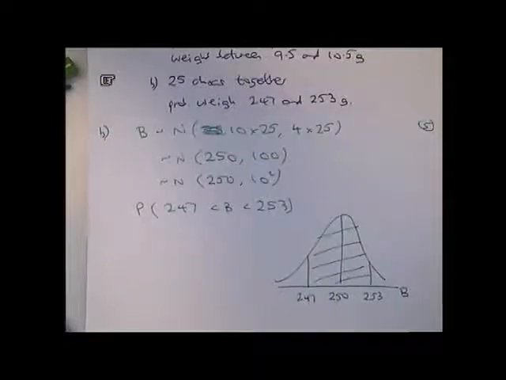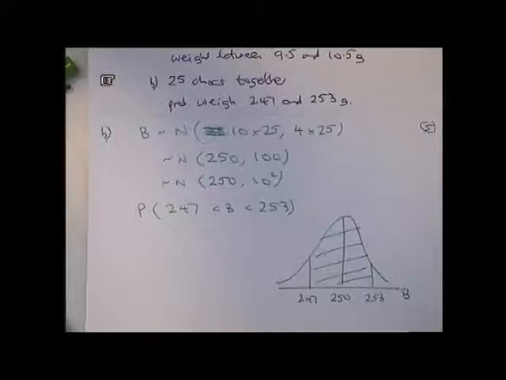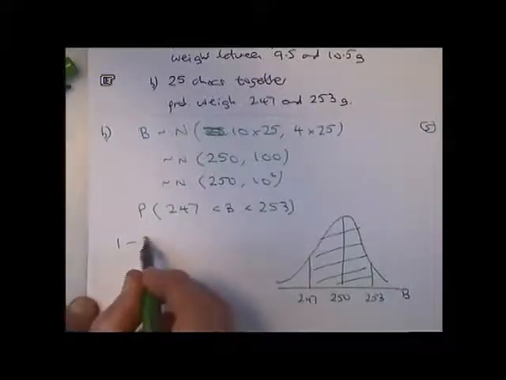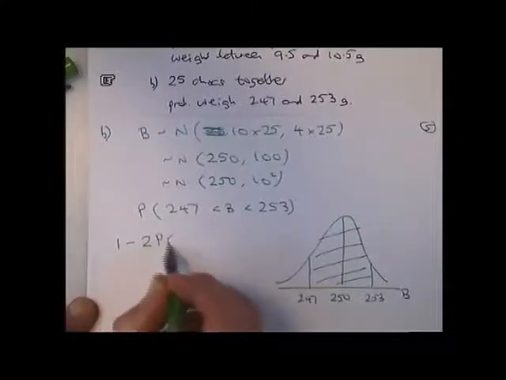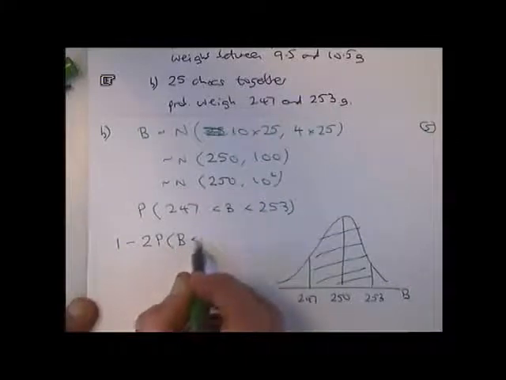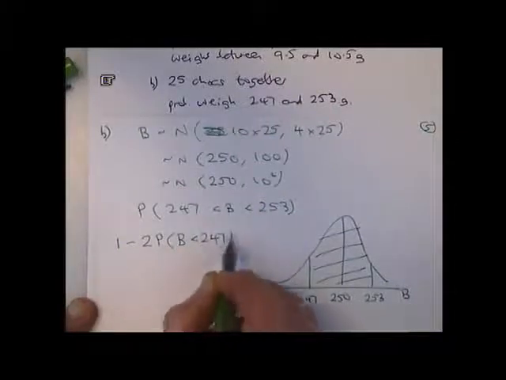So what would be a good way to proceed from here? Do the same as we did before. Yeah, because of the symmetry, the shaded thing is everything take away the two unshaded bits, the two white bits. And because each value is the same distance away from the mean, just take one of them, that's right. So that's the same as 1 take away twice the probability that B is less than 247.